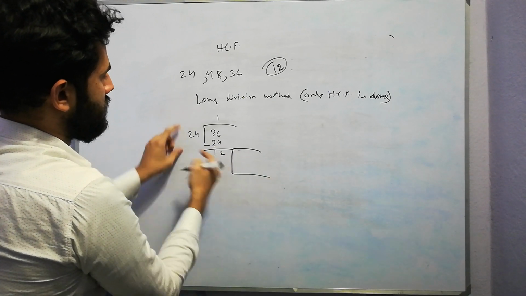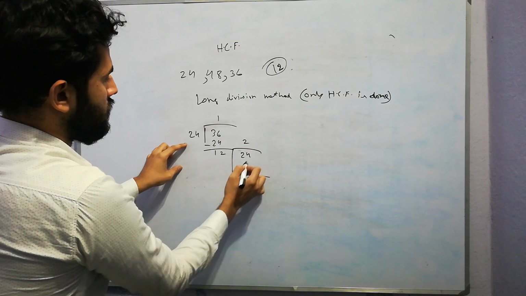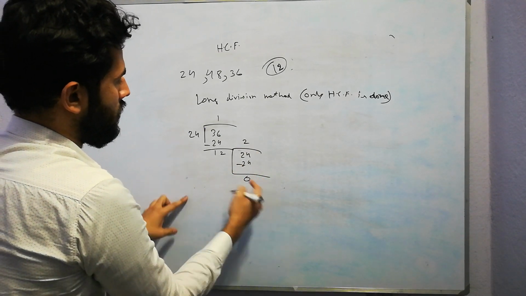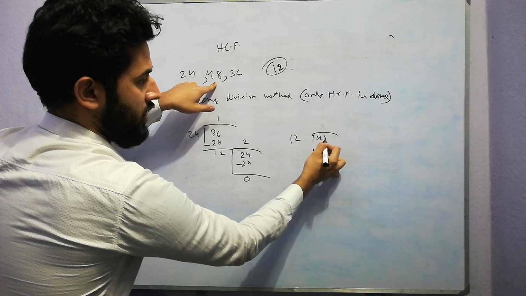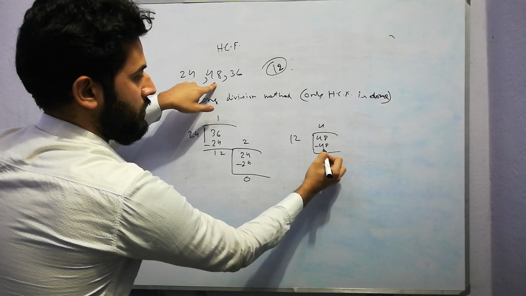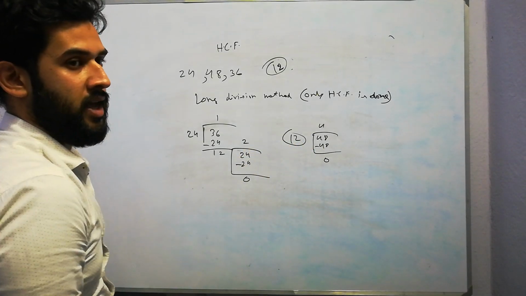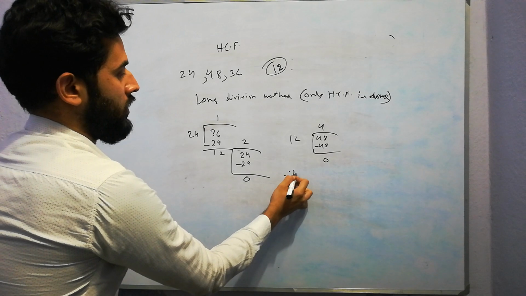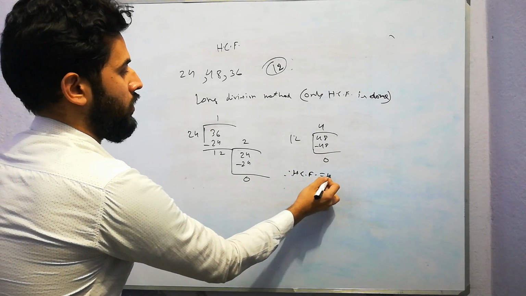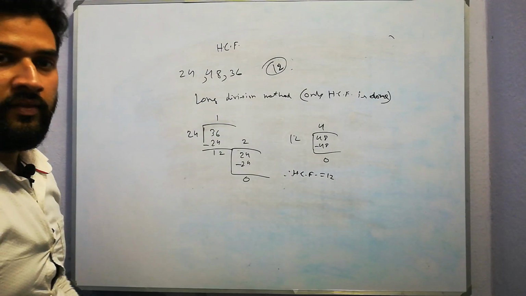Then we'll go like this. This divisor goes here. 12 twos are 24. It becomes 0. So this 12 will start again, because another number is remaining, that is 48. 12 fours are 48. It becomes 0. We'll take this as the number. Never use the quotient as a number in HCF. Therefore, HCF becomes 12.